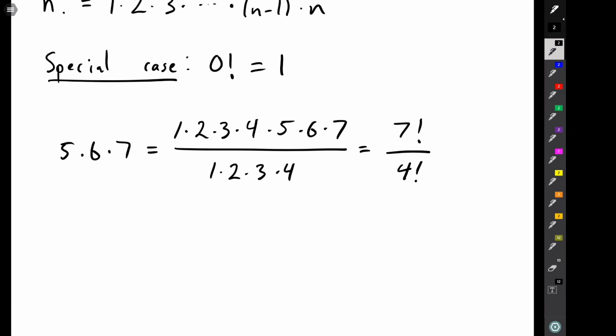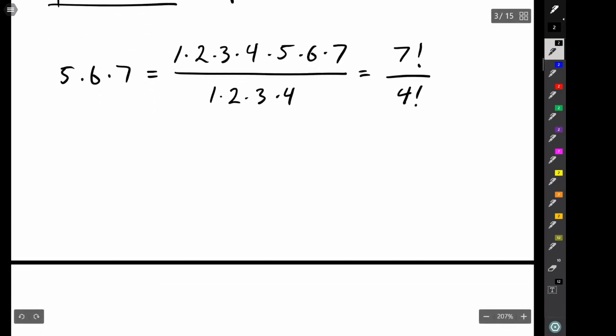So we can always get these products of consecutive integers as quotients of factorials. Likewise, you might see something like 10 factorial over 7 factorial.